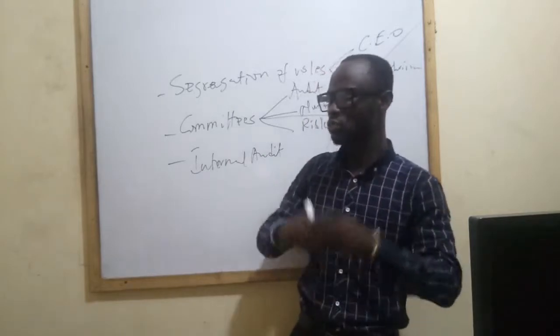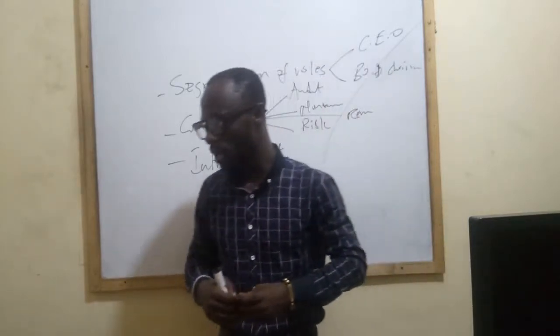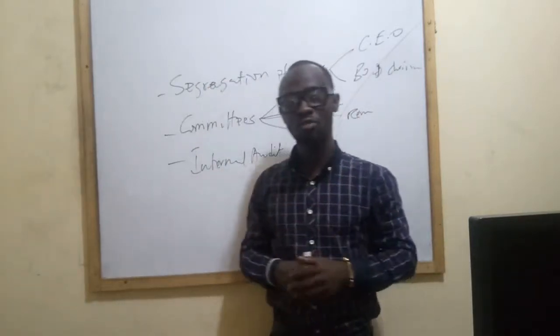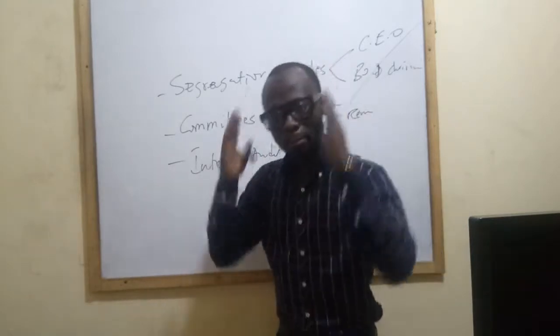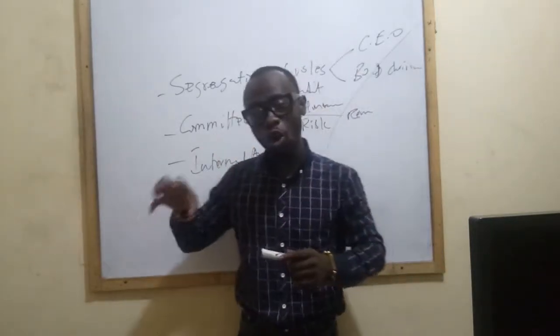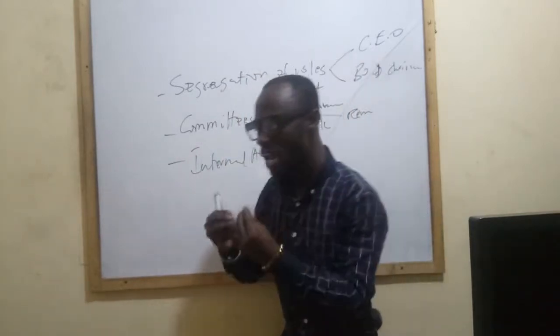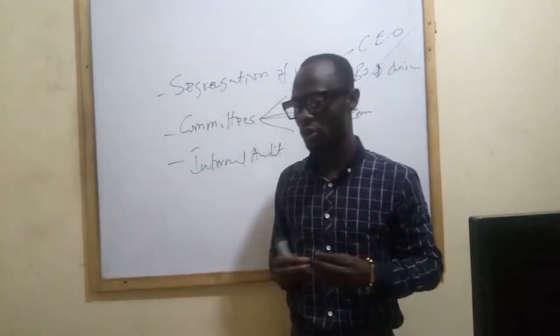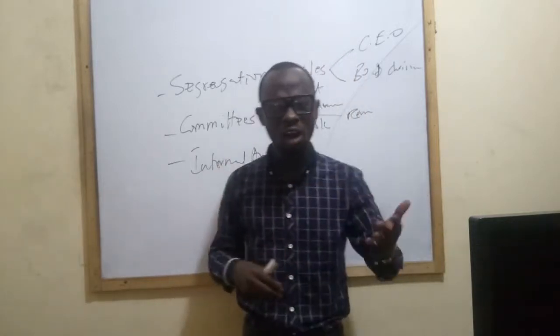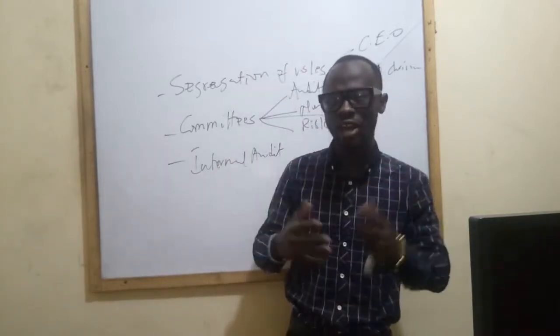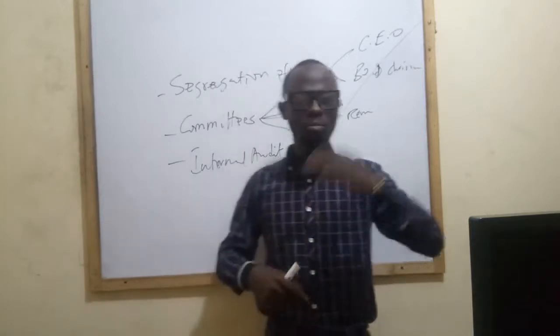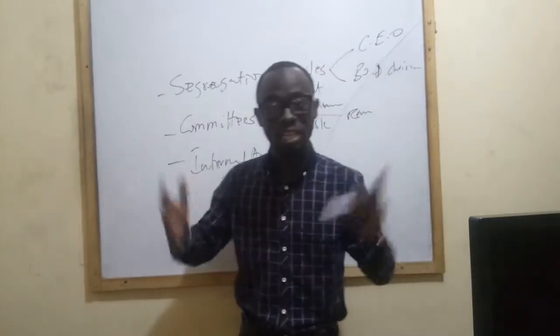Also, at least one of the audit committee members should have recent and relevant financial experience, in relation to how the finances are run, what we mean by assets, what we mean by acquisition, in that order.